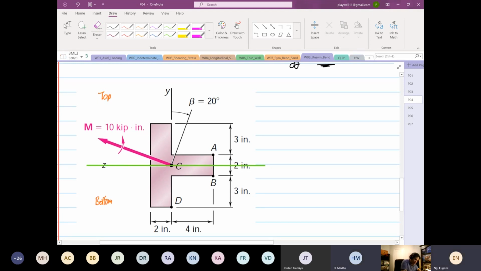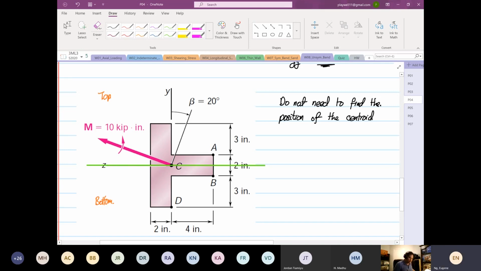So when it's the same, you do not need to find the position of the centroid, sorry, not neutral axis, because the centroid is going to be exactly over there.